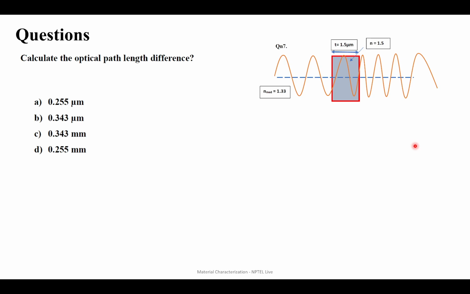Calculate the optical path length difference. You have light propagating, and in the middle you have put a block of higher optical density.